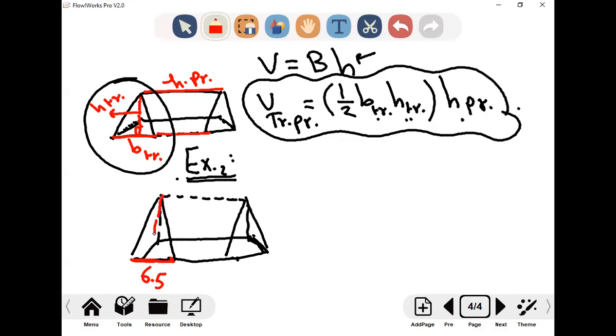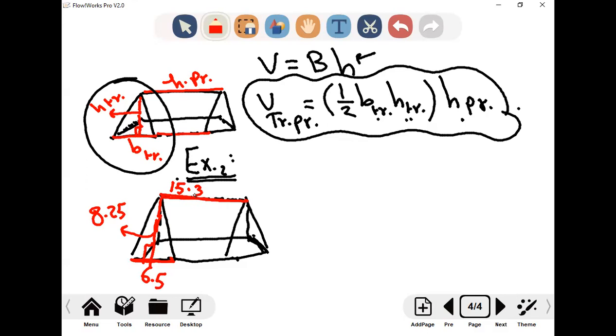And we have this. What's this? This is the height of the base, the triangle. How much? Inch, right? And we have the height of the prism itself. صح? Do we miss any dimension? I have the base of the triangle, the height of the triangle, the height of the prism.